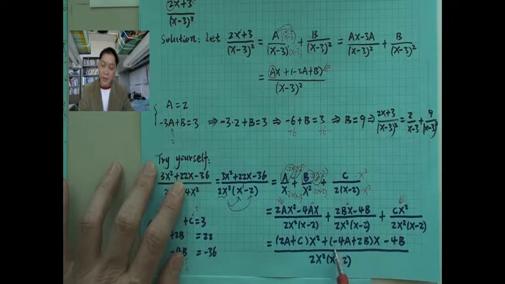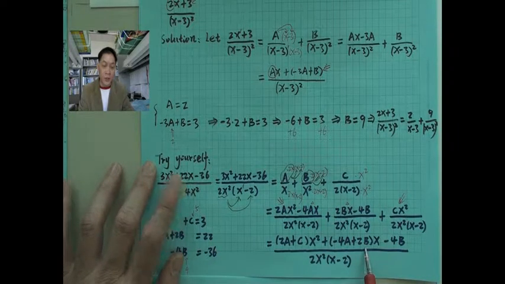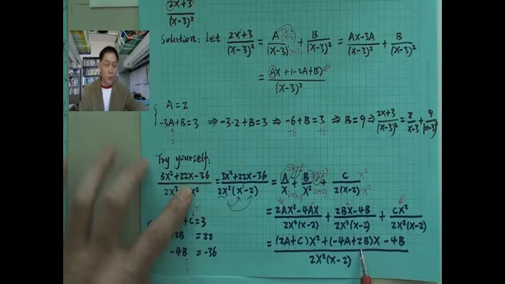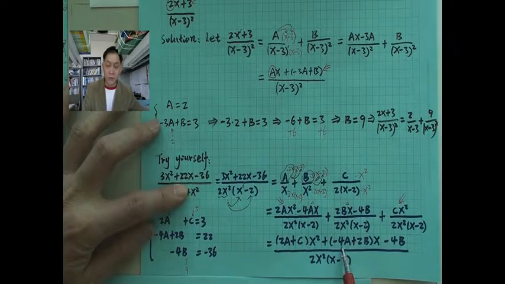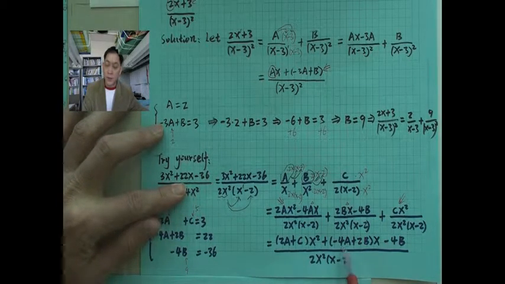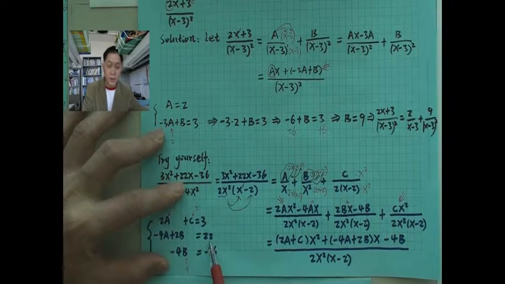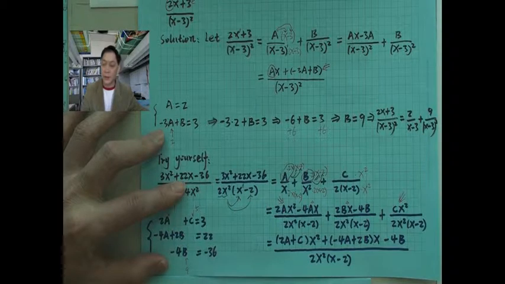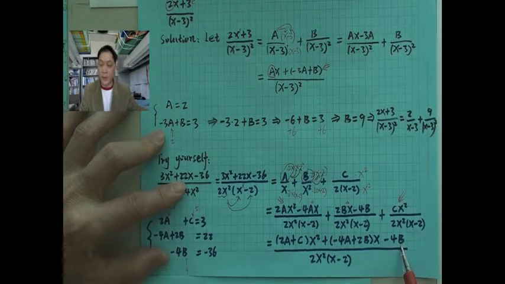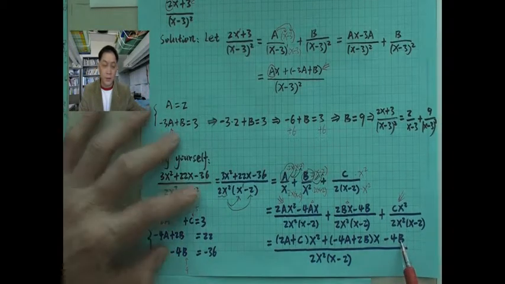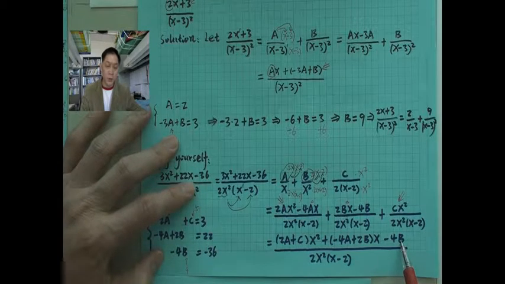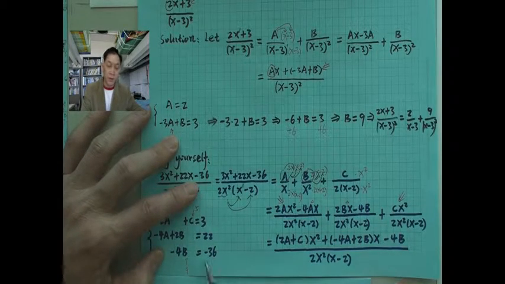So that's why negative 4a plus 2b is 22. Okay? And then negative 4b is the constant part. That must be equal to negative 36. Negative 4b must be equal to negative 36.